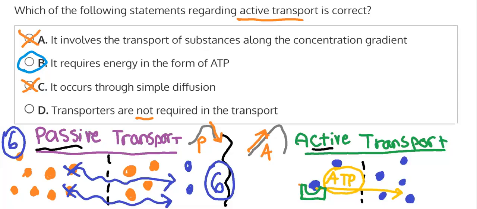But as we discussed, you do need a transporter vehicle in order to use ATP to perform the actual active transport process. Option D is saying transporters are not required, but we are looking for which is correct, and they are required for active transport, so this would not be a choice which describes active transport, and option B would still be correct. It requires energy in the form of ATP in the process of active transport.